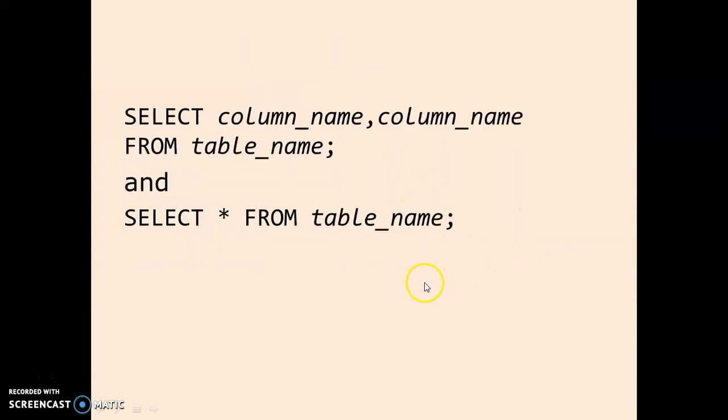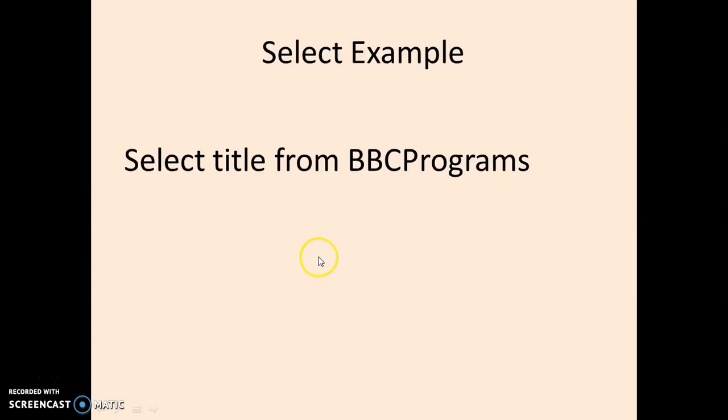So for instance, we select the column name that we want from a particular table name, and we can select any data from that table name. So let's see how that actually works.